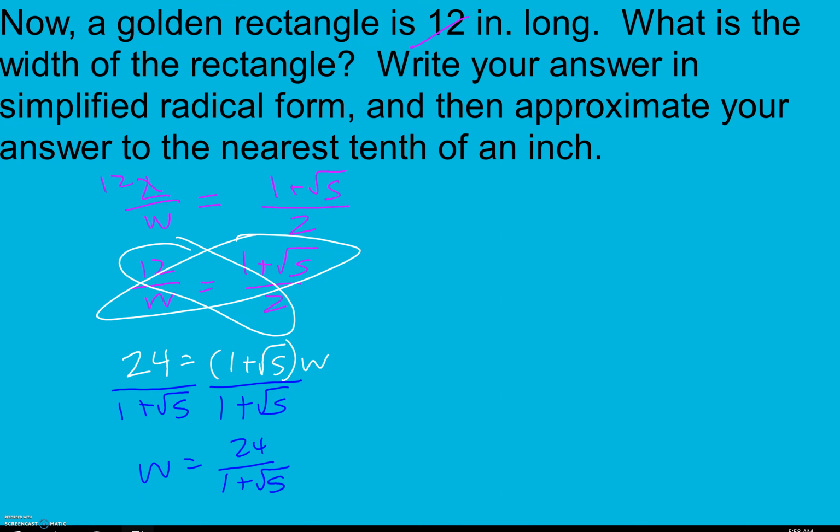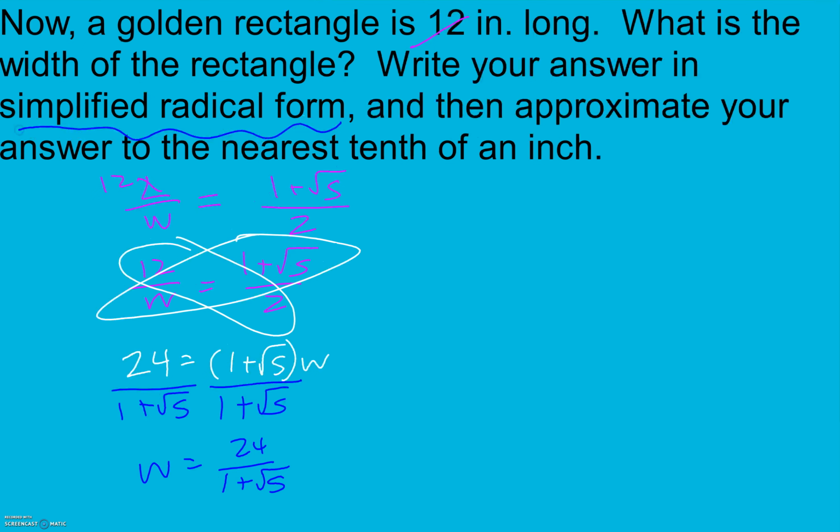But we need our answer in simplified radical form. So here, I need to multiply by its conjugate: I keep my 1, change the sign on my radical, and whatever I do to the bottom, I have to do to the top.